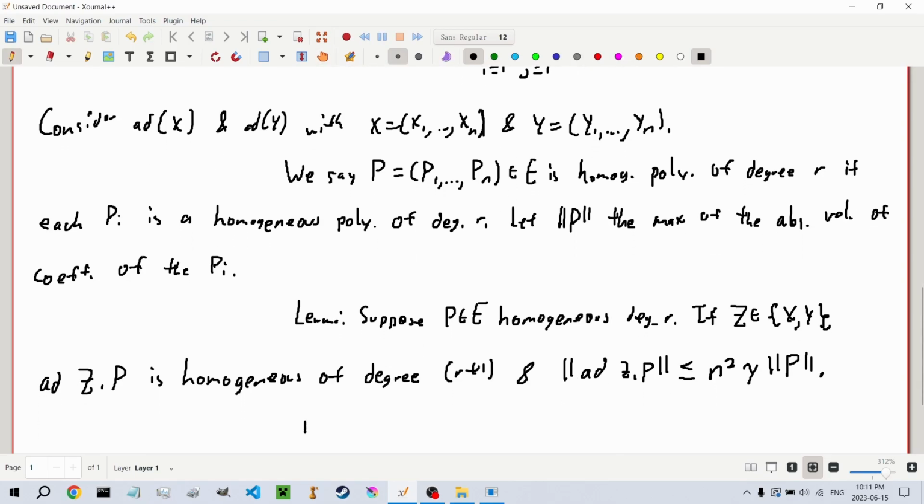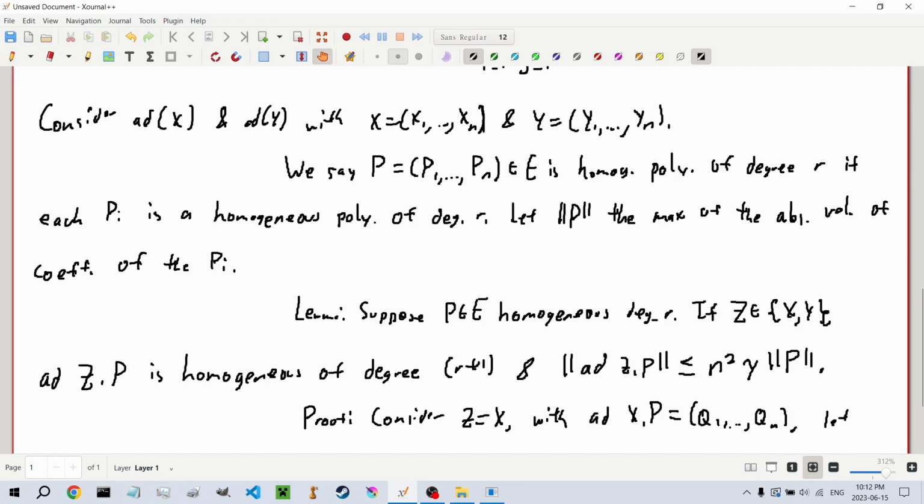And for the proof of this, we're going to consider z equals x, with the adjoint of x on P being q1 through qn.